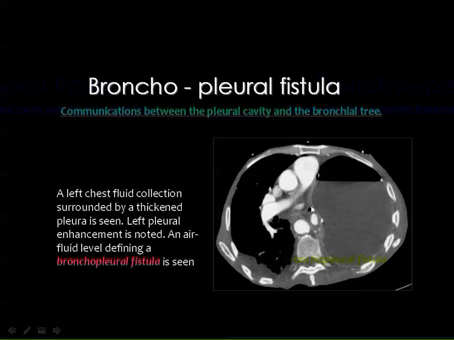You see here this enhancement, which suggests an inflammatory etiology of this collection, and the presence of air without previous intervention is usually suggestive of a bronchopleural fistula.